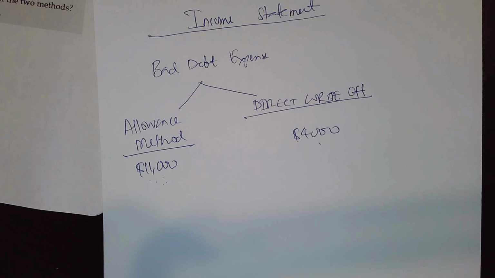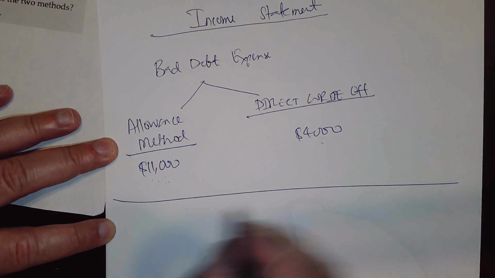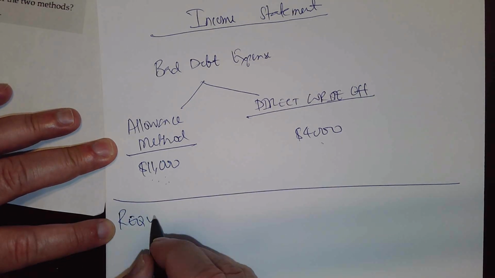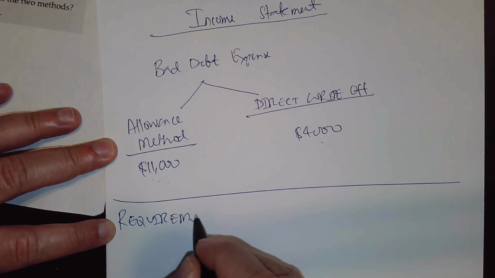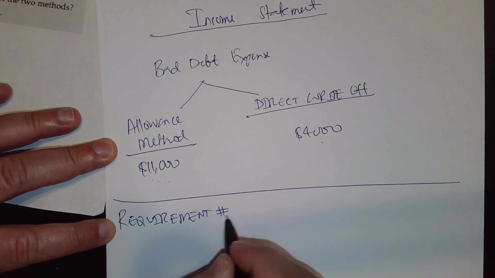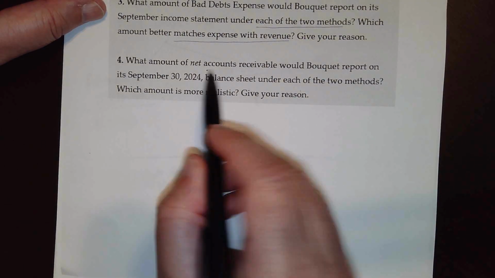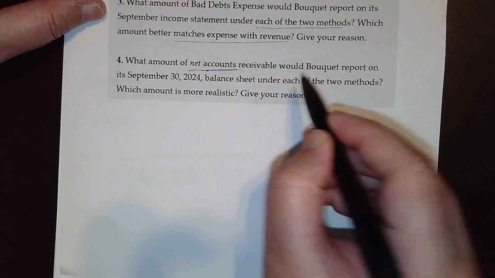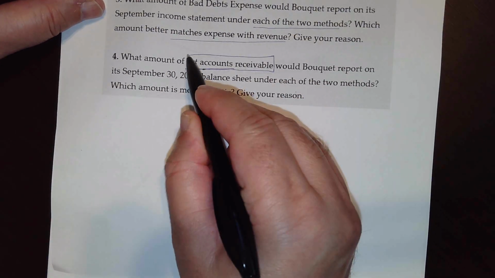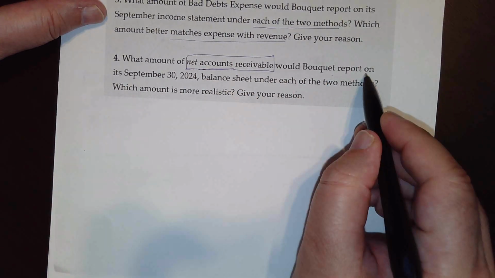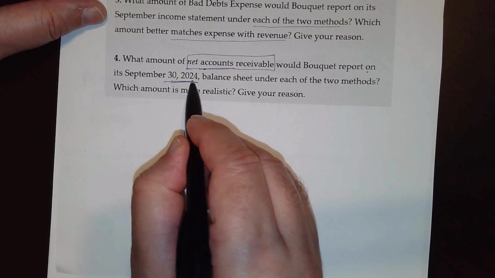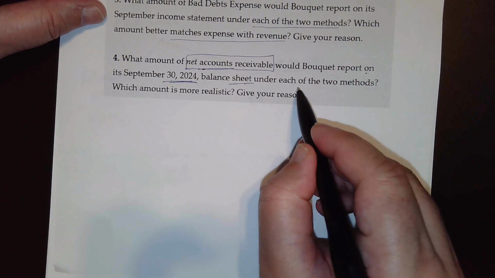So let's talk about requirement number 4. Under this requirement, what amount of net accounts receivable would Bouquet report on its September 30th, 2024 balance sheet under each of the two methods?